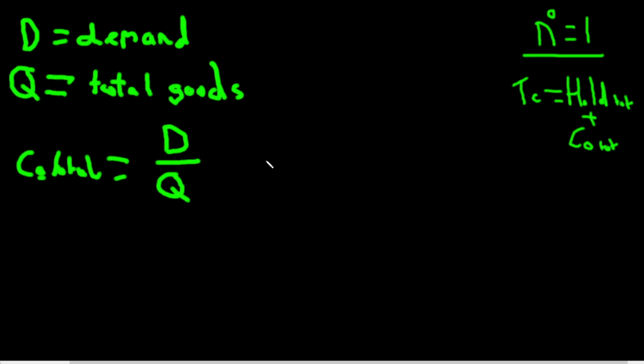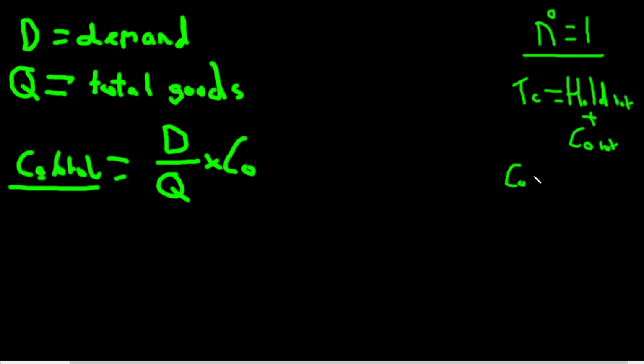So say your demand was 10, and each time you order 2, you end up having to order 5 times, because 5 times 2 is 10. So over the year, and then you times that by your cost of ordering, and that gives you your cost of ordering total. So here I'm going to write that one down just so we can keep that.